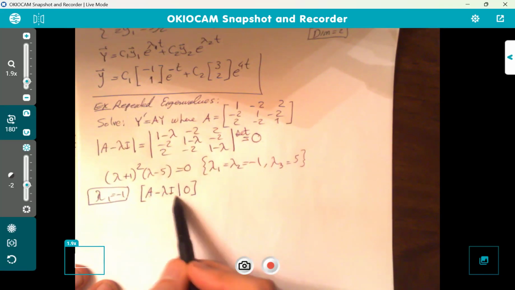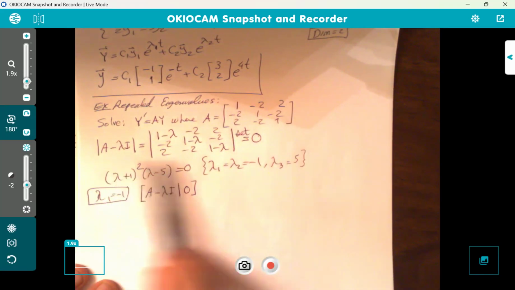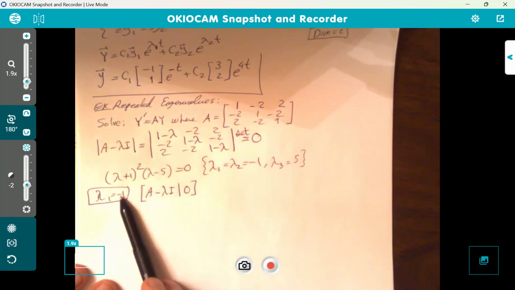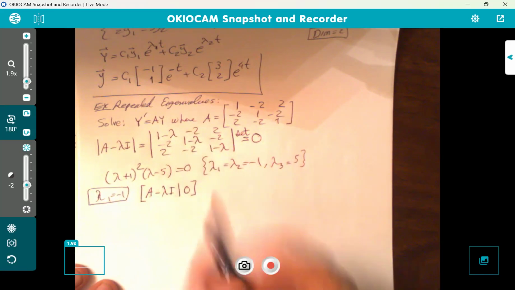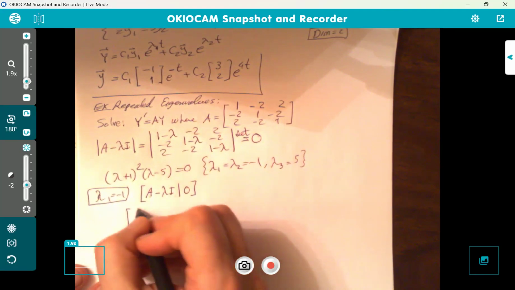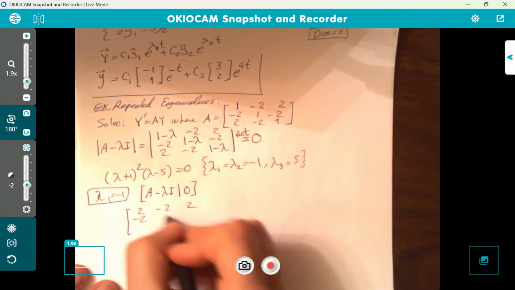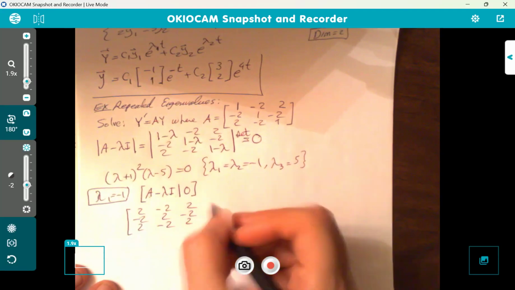What does A minus lambda I look like? Remember, this is A, and lambda I is when you put lambda = -1 here, here, and here. So when you do that, this ends up being 2, -2, 2, then -2, 2, -2, and 2, -2, and 2.